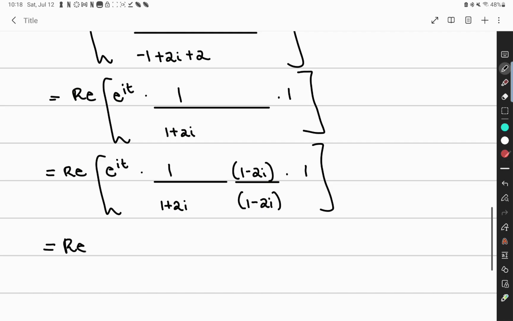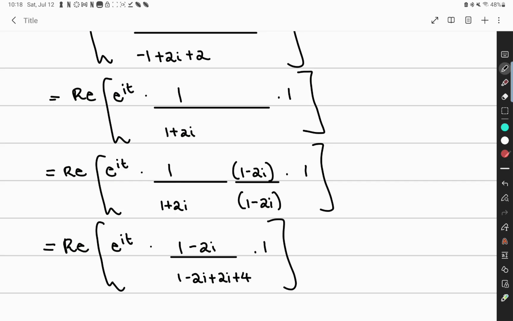So we have e^(it) times 1 minus 2i over 1 plus 2i times 1 minus 2i. Expanding the denominator, 1 minus 2i plus 2i, and then negative 4i squared, which is going to be plus 4, times 1.